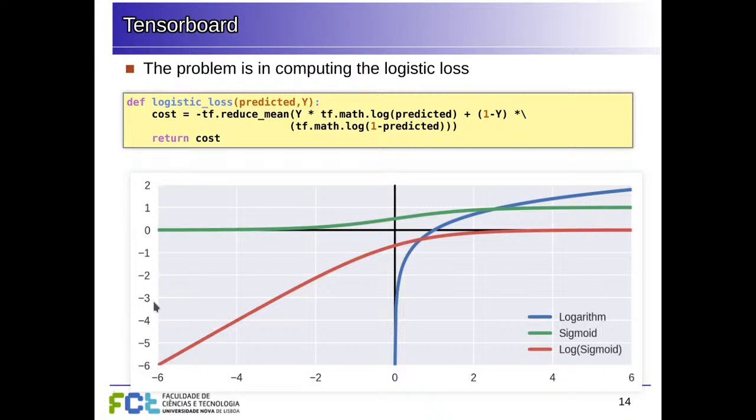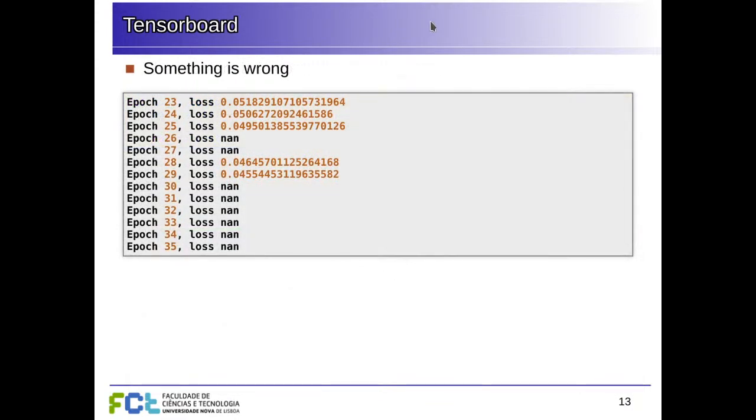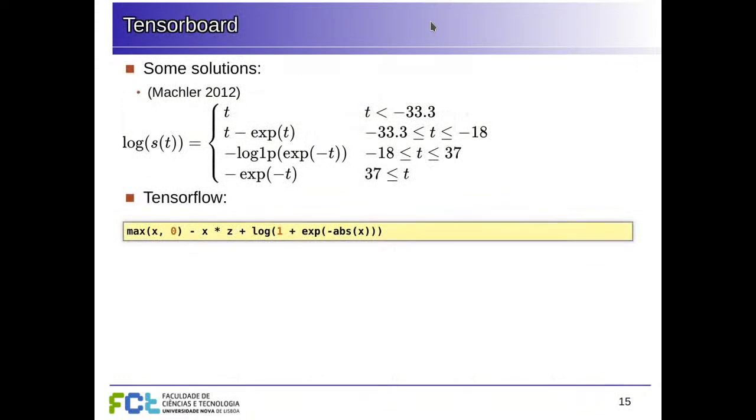So there should not be a problem with this. However, since we are dealing with floating point numbers with limited precision, even a small rounding error somewhere around here could easily overflow this representation. So that's why we get this not a number when we're trying to combine the sigmoid activation with the logarithm function.